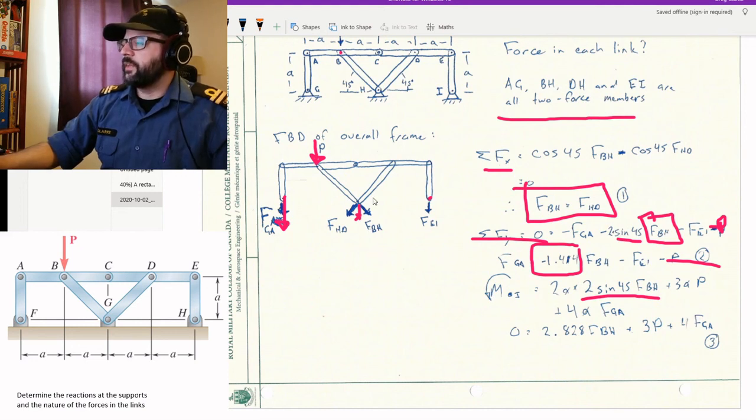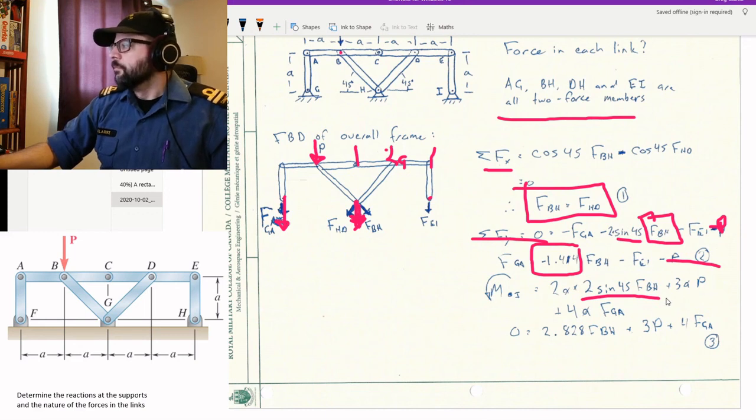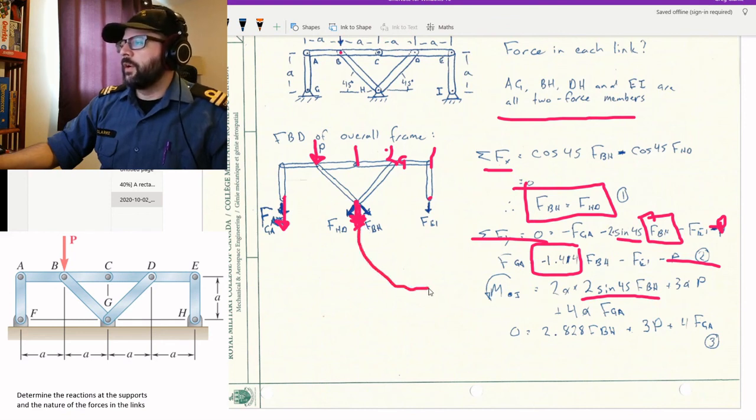a force in the downward direction of 2 sine 45 FBH, and that downward force acting from here to here is 2a, gives us 2a times 2 sine 45 FBH, which when we do the calculations there ends up being, and again that's a positive moment.